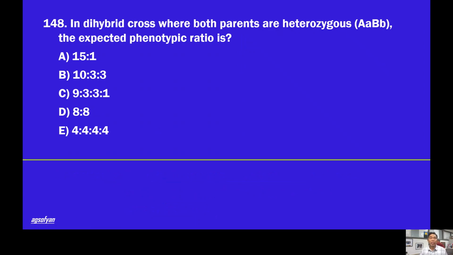148. In the dihybrid cross, where both parents are heterozygous, the expected phenotypic ratio will be 15:1, 10:3:3, 9:3:3:1, 8:8, or 4:4:4:4. Choose your answer.